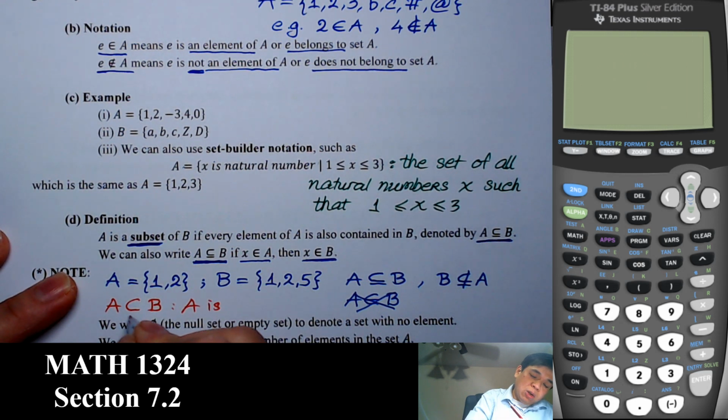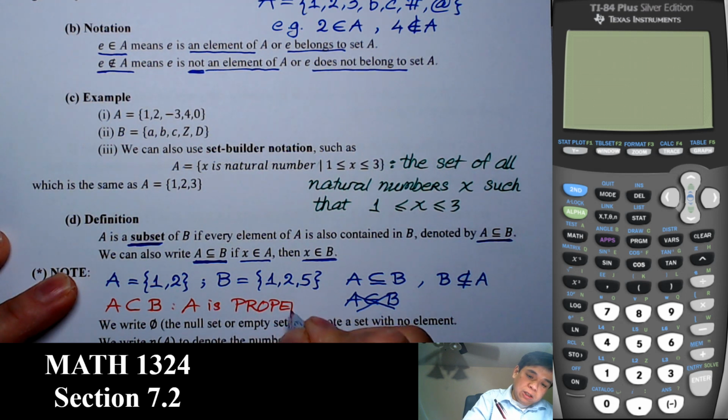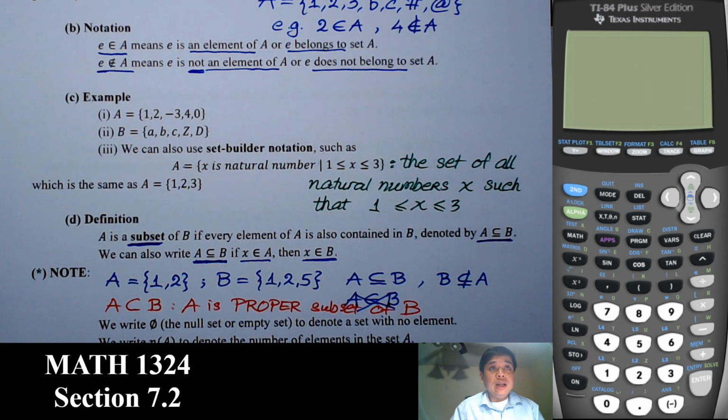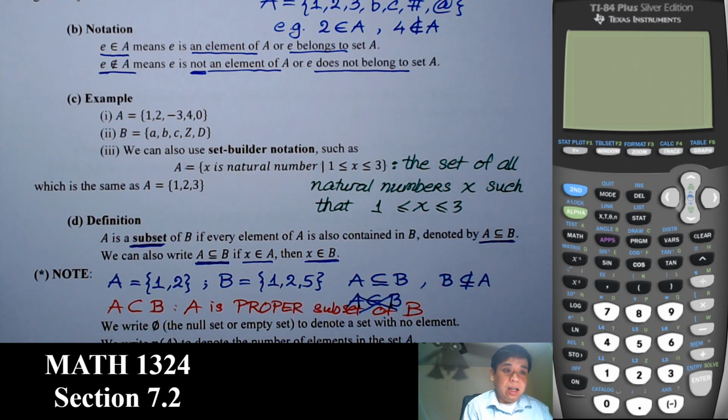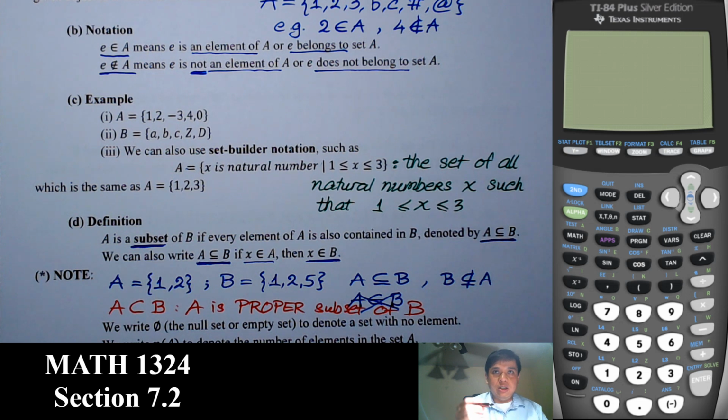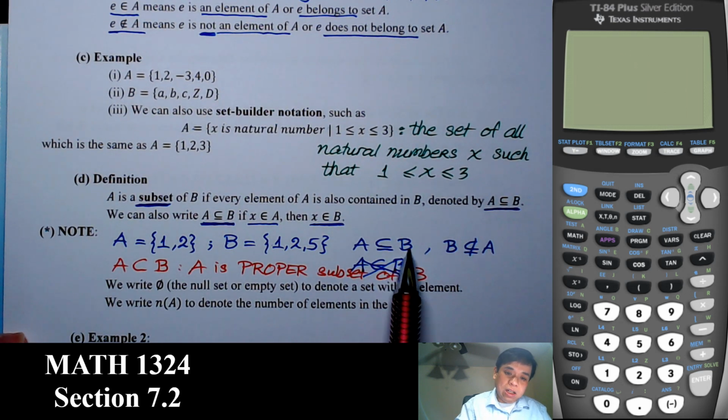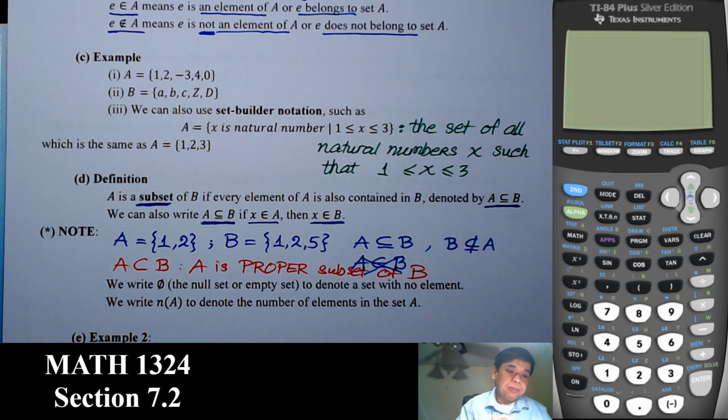When there's no equal sign, we say that is a proper subset of B. So we can use that too without the equal sign. Every element in A belongs to B. We have 1 and 2 in A, also in B. So A is a proper subset of B, or A is a subset of B, either way.